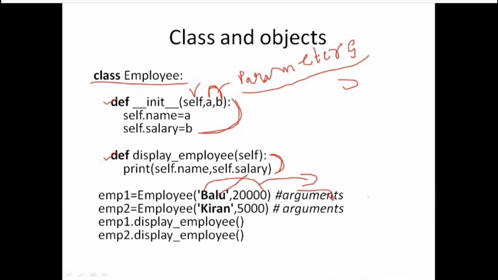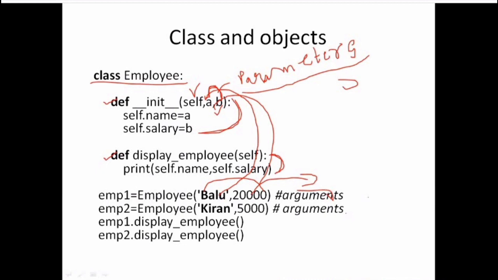This Balu will go and get attached to a, and this 20,000 will go and attach to b. That means the value of parameter a becomes equal to Balu, and the value of parameter b becomes equal to 20,000. Is this clear? Yes, sir. Understood? Very good.